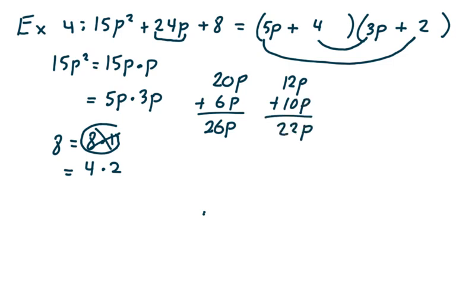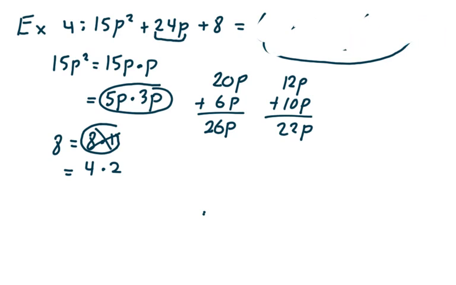Still no good. So what that told me is that 5p and 3p, that combination does not work at all. And so what does that mean? What that means is we have to look at 15p and p. And I'm going to show you how we can quickly eliminate that.